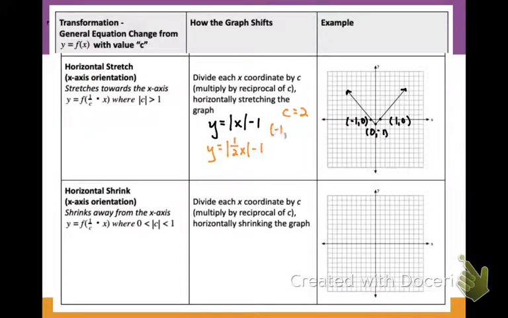So I'm going to take -1 and plug it in. So I'll get 1/2 minus 1, or -1/2. And then I can take 0 and plug that into my transformed equation, and I will still get -1, and then if I plug in 1, I will get -1/2. So I'm going to graph those 3 points, and you can see that my new V-shaped graph is being stretched towards the x-axis.